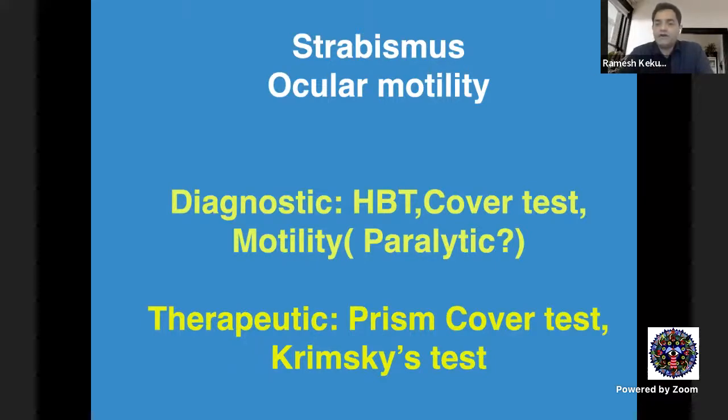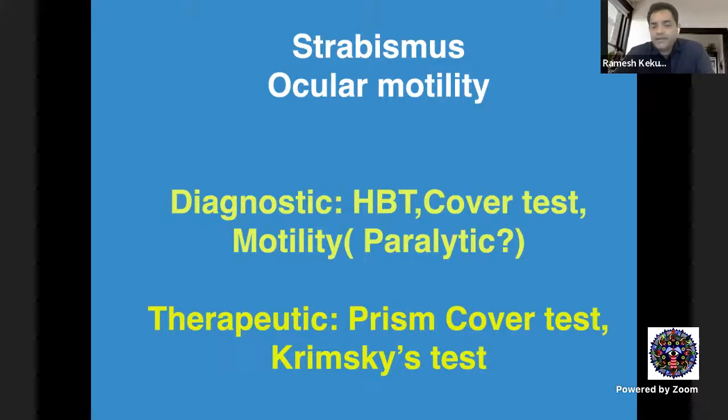Is it comitant or incomitant? When you see it is incomitant, if you see retraction, it's mostly towards Duane retraction. If you see any kind of nystagmus, you go in terms of nystagmus and strabismus. So Hirschberg, HBT is the Hirschberg test, cover test, and motility. Especially, these are the diagnostic tests.